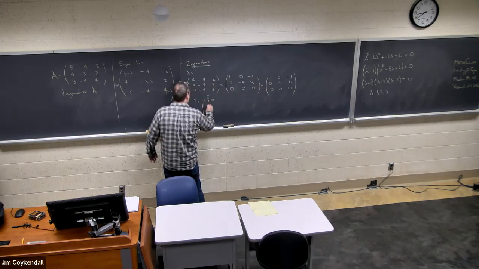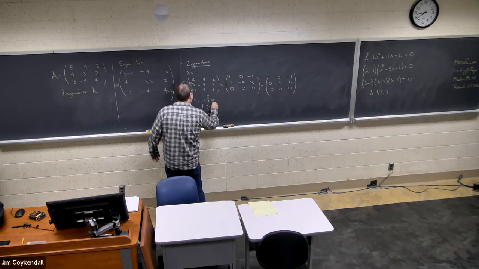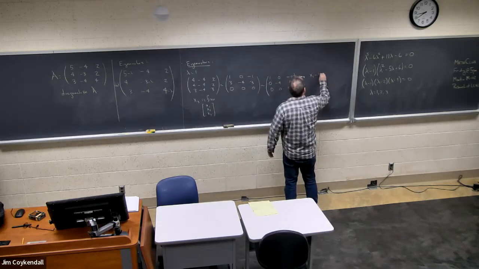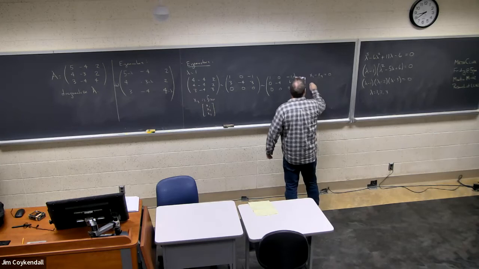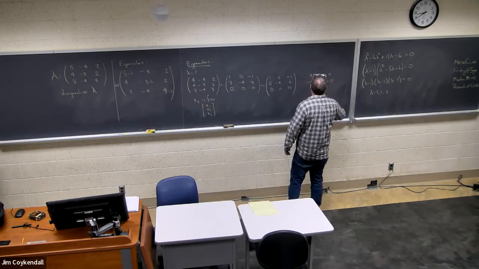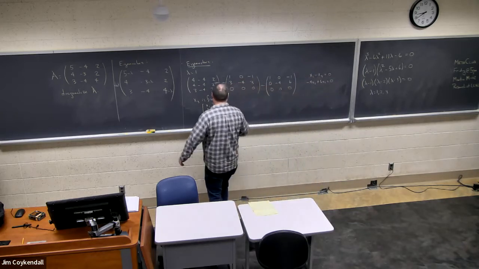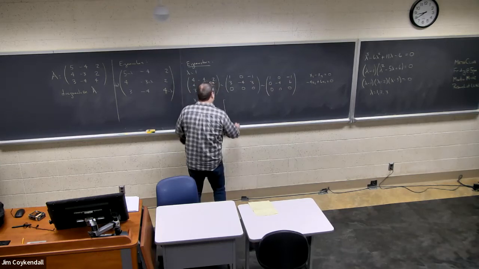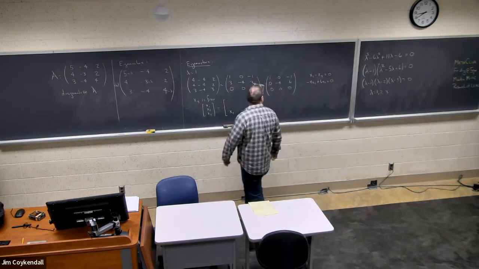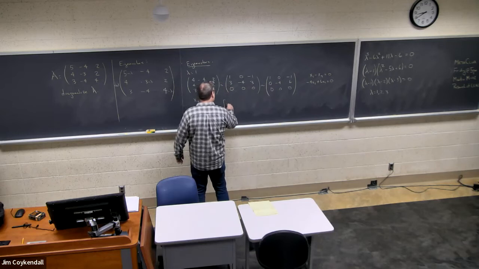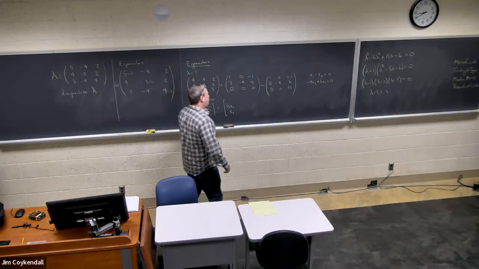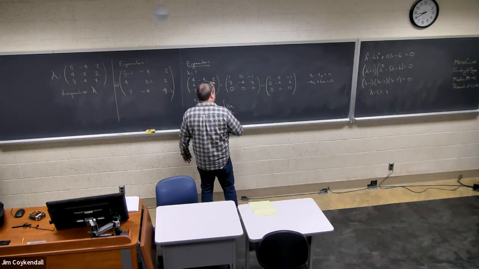And so my eigenvector was like x1, x2, x3. And I get these equations here: x1 minus x3 is 0, and I get minus 4x2 plus 6x3 is 0. So this is x3. X2 is 2/3 of x3, and x1 is x3.